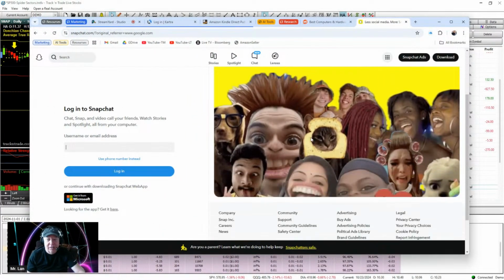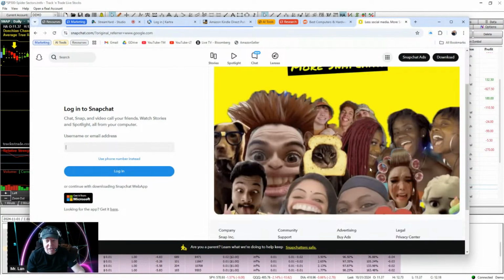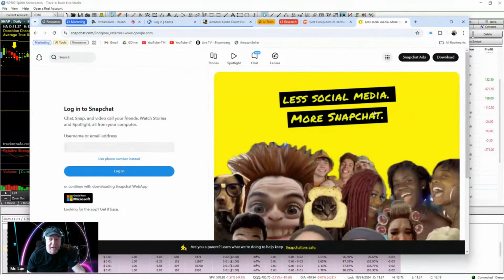It's a thing with kids nowadays. Kids go in here and they chat with each other on it. And I think the special thing about Snapchat is that you can send Snapchats to each other and then they will delete after a couple of minutes. So you send it and once they read it, it disappears. So there's no record of it.